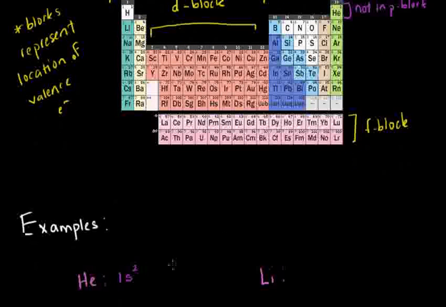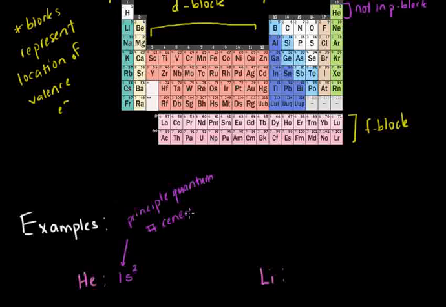So 1s2. Well, this 1 right here represents what we call the principal quantum number of an orbital. And it really just relates to the energy level. The average distance between electrons and the nucleus increases as the principal quantum number increases, and therefore the electrons have more energy.